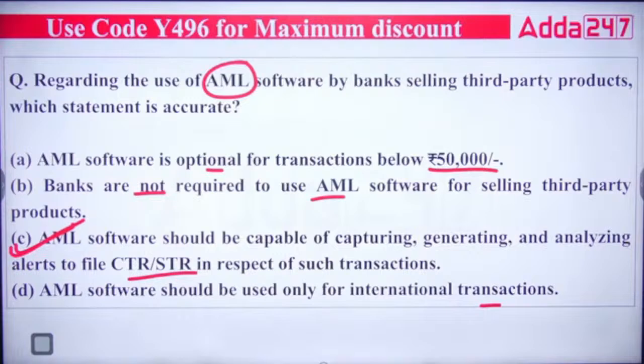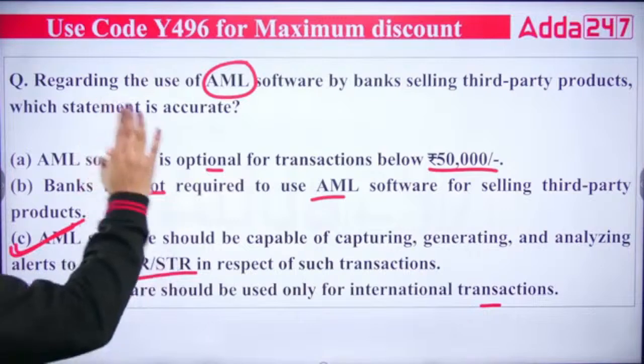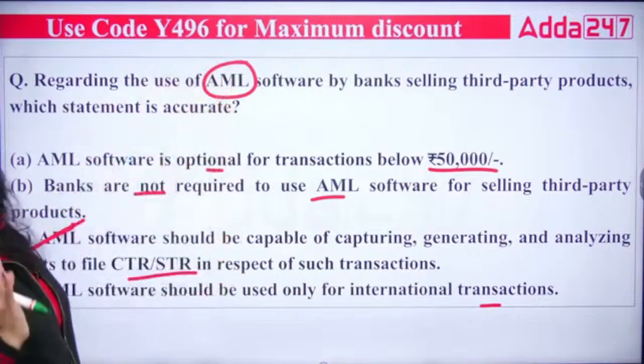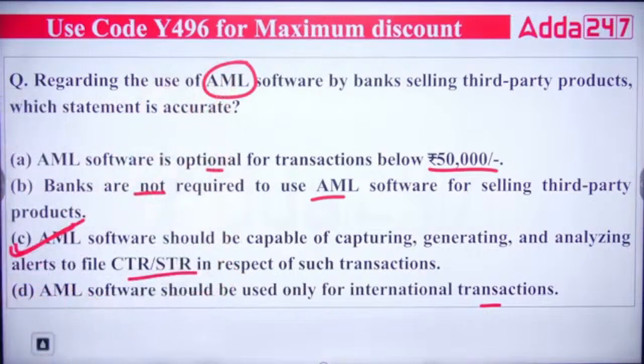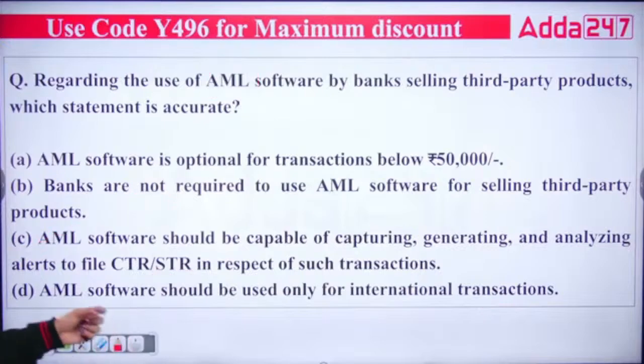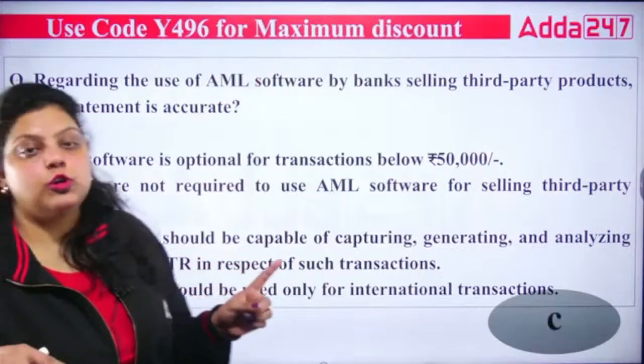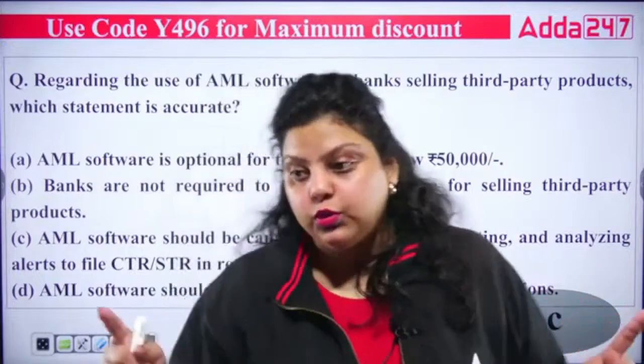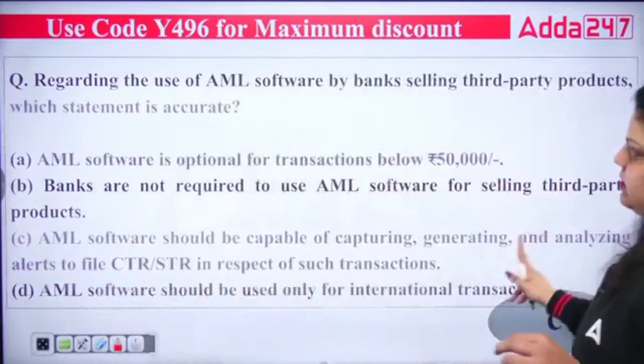The CTR, cash transaction report, and the STR, suspicious transaction report, in respect of transactions which involve the sale of third party products. This is essential for banks to monitor and report these types of activities to the FIU-IND. It means the right answer will be C option. And CTR, STR, I have told you, are cash transaction report and suspicious transaction report. So the right answer will be C.